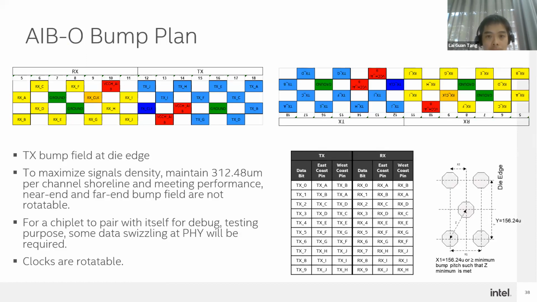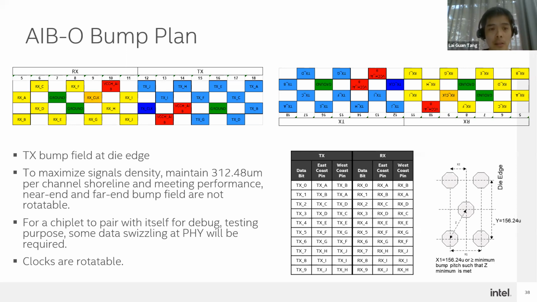The diagram here shows the bump map of AIB-O. The top diagram basically shows the west coast and east coast bump maps for AIB-O. And you can see the TX bump field is at the die edge.